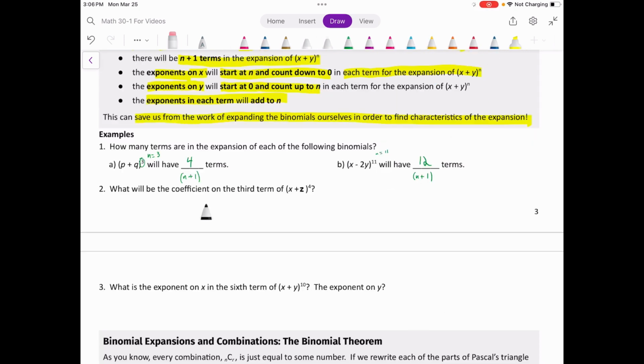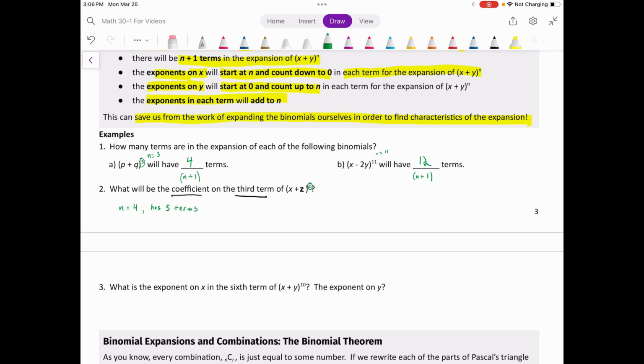Okay, next one here. We're asked what will be the coefficient on the third term of x plus z to the power of 4. Okay, so it's a binomial. It's being raised to the power of 4. Our n is 4 here. So we know that this will have 5 terms, right?